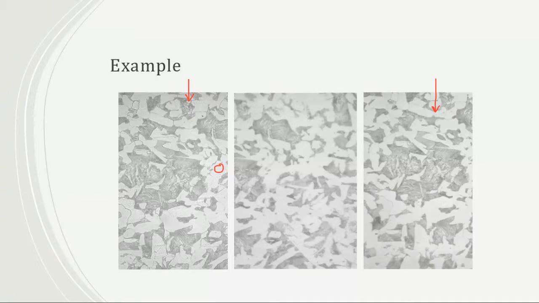You do not see a rough pattern within the ferrite constituent. So out of the three images, the one that has the aperture in the correct location, I'll make it green, is going to be this one out here on the end. Once again, this one is too open, and the one in the center is closed.